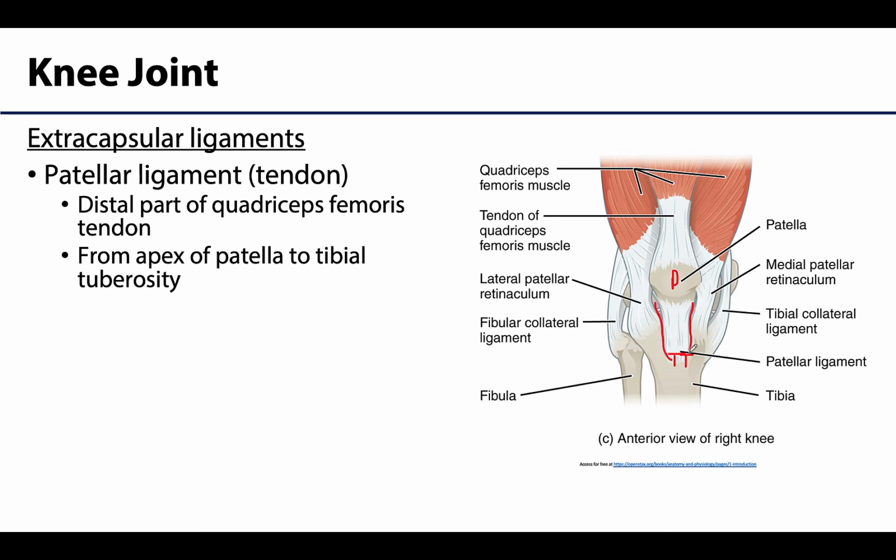So this would be the patellar ligament. This would still be the tendon. As I mentioned, it will attach on the patella to the tibial tuberosity, or the anterior superior part of the tibia. And this is the anterior ligament of the knee.